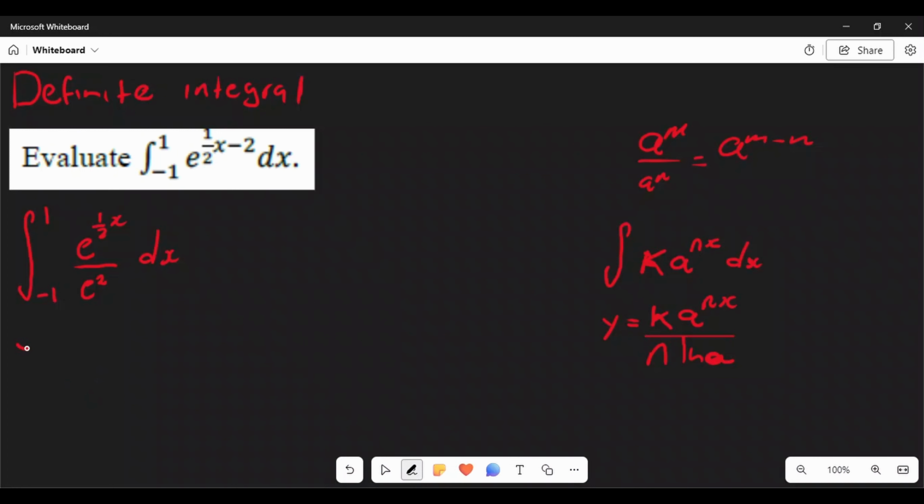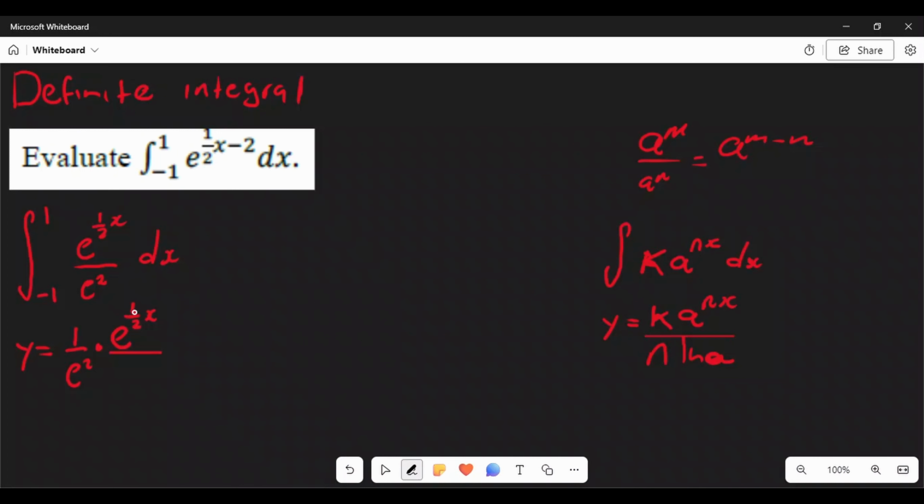So we're gonna say y is equal to, what is our k here? Our k is 1 over e squared, right? So don't change it, just write 1 over e squared. There we go, that is your k, and then we're gonna write this as it is. So we're gonna have e to the power of half x divided by, now our n.